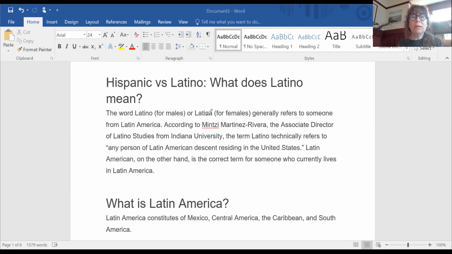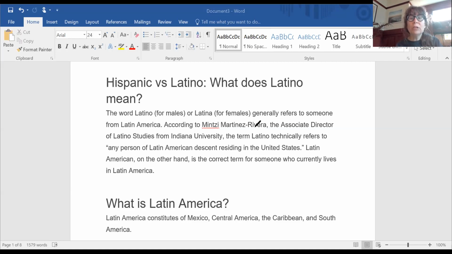Generally refers to someone from Latin America. That sounds like a geographical thing, not a language thing. It sounds like Hispanic is based specifically on speaking Spanish so far. This is what my thoughts are. And some people don't like it because it represents colonialism. And Latino refers to people from a specific place or area.